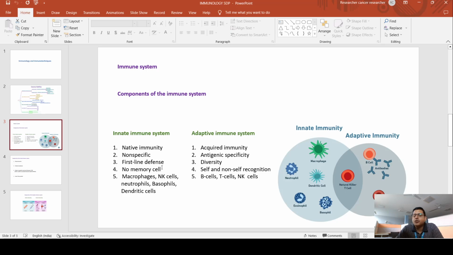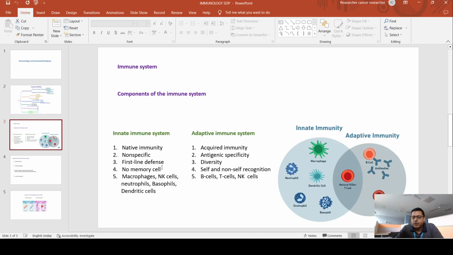But the innate immune system does not keep any memory cells; that is the duty of the adaptive immune system. The cells involved in the innate immune system are macrophages, known as professional phagocytic cells, natural killer cells, neutrophils, basophils, and dendritic cells. We will go into details about each cell in the further slides.